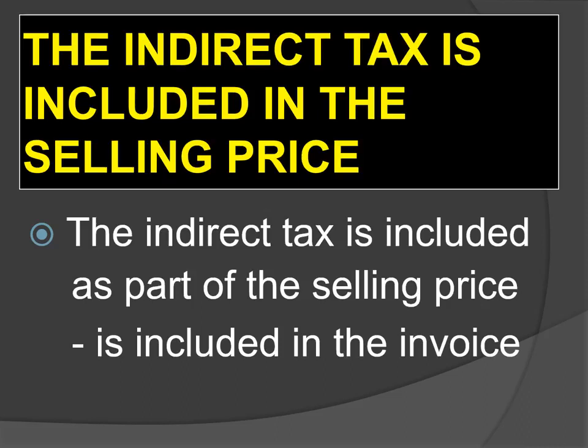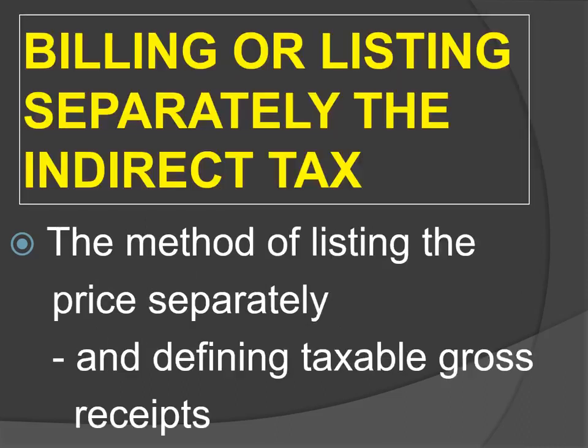So let's look at the details here. The indirect tax is included in the selling price, and consequently, let us look at one method of shifting tax burden, and that is billing or listing separately the indirect tax. So let's have a look at this one by one.